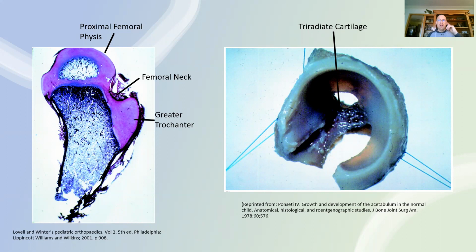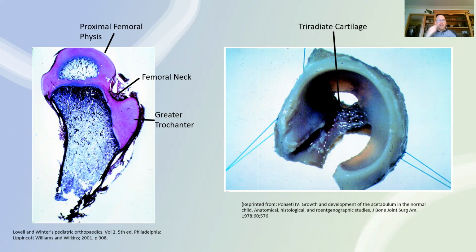When we are children, when we're young, our bones are mainly cartilage and they're not entirely ossified. Generally speaking, the forces that we place across the hip joint during weight bearing directly affect not only the shape of the femoral head, but the amount of coverage that's present in the socket.